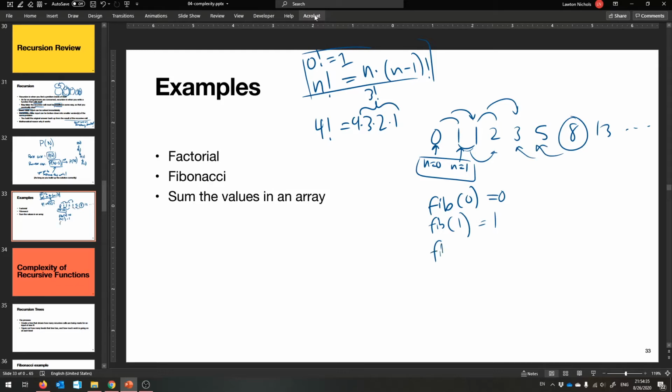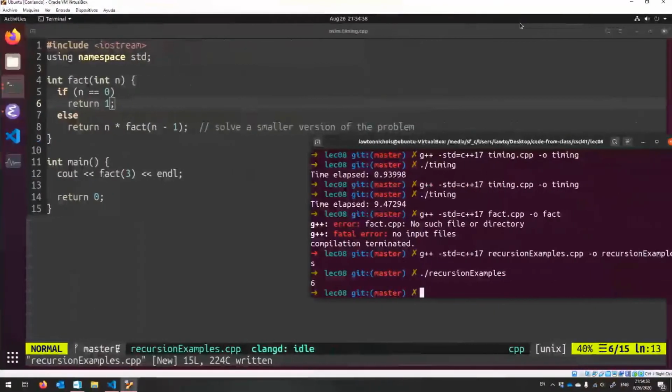Okay? In general, fib of n is fib of n minus 1 plus fib of n minus 2. Okay, so you see how we found the same problem inside of itself. So I'm considering a certain n, and all I need to do is I could solve smaller versions of that problem and add them together and get my answer. All right?